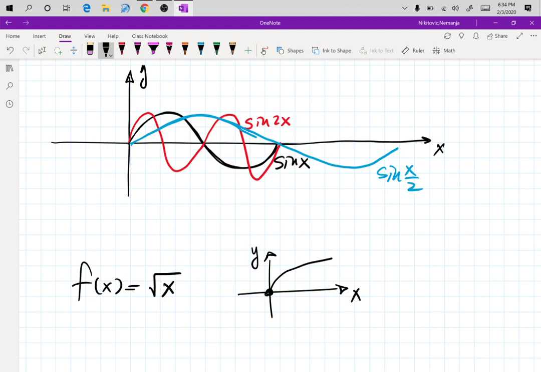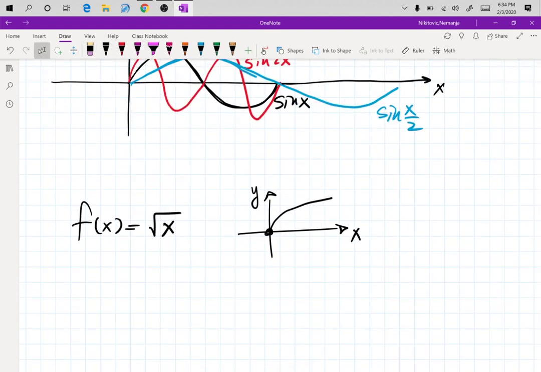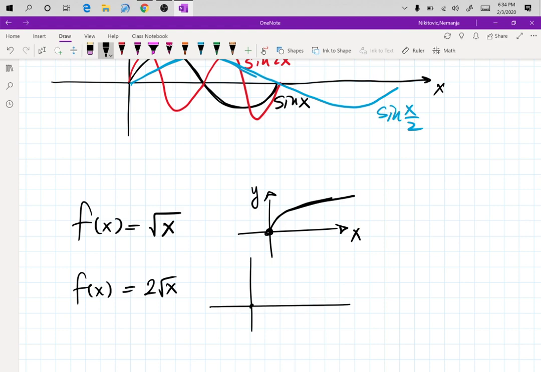So we beat this one to death. What is going to happen if I have f of x equals 2 square root of x? Well, that was the old transformation. It's a vertical stretch, so it's going to go faster up. So this is my old root x, and then it's just going to do this. And that's 2 root x.